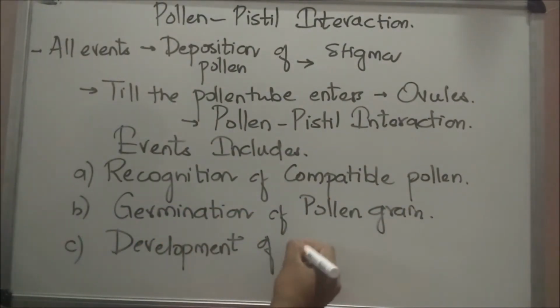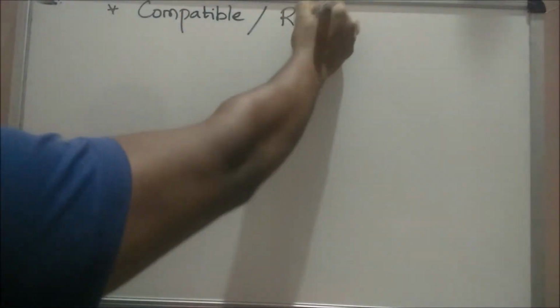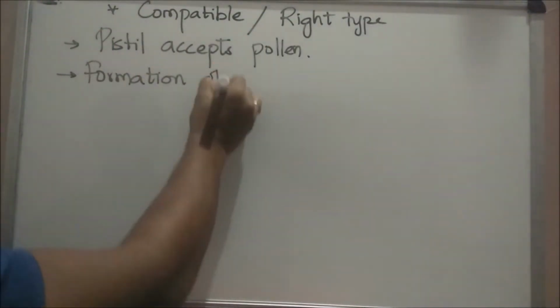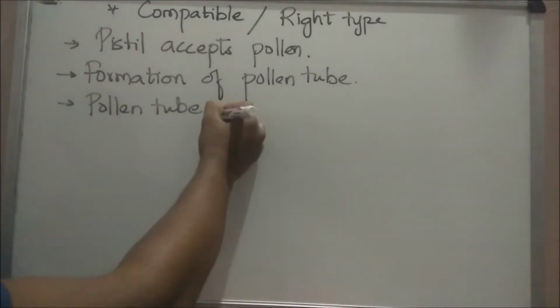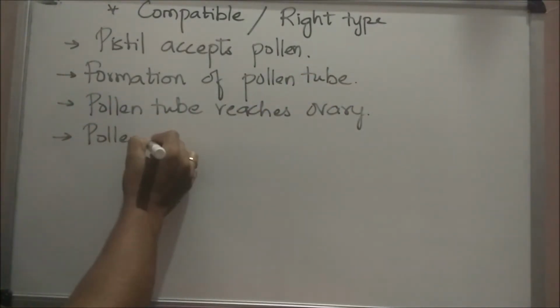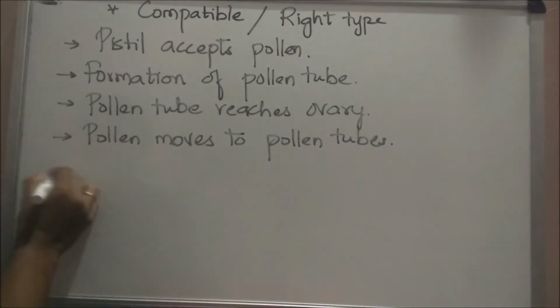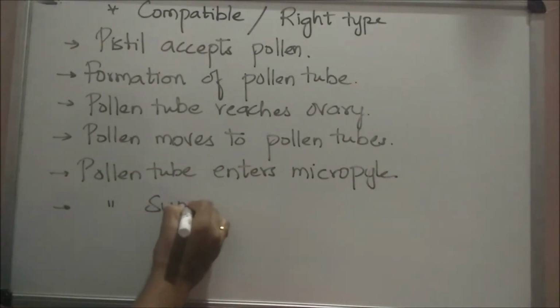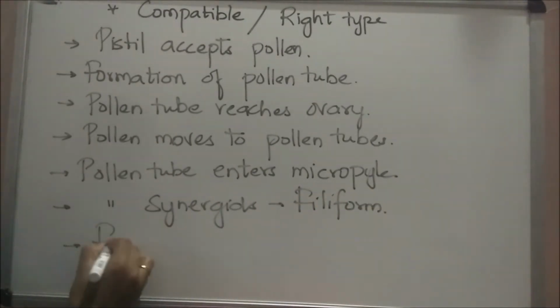The compatible events, or the right type, include the pistil accepting pollen, formation of the pollen tube reaching the ovary, pollen grains moving into the pollen tube, the pollen tube entering the ovule through the micropyle, the pollen tube entering the synergids through the filiform apparatus, and fertilization occurs.